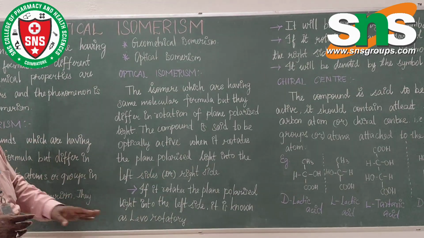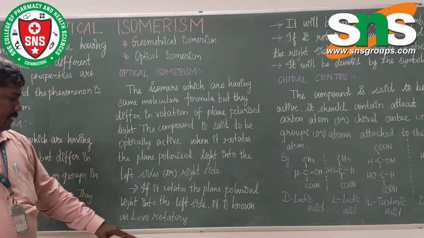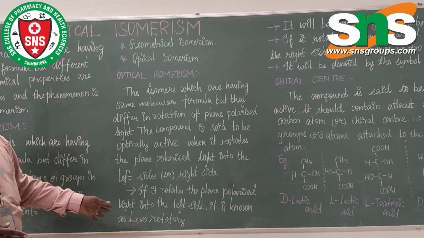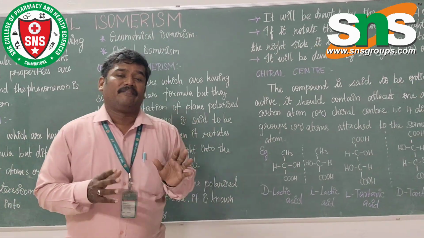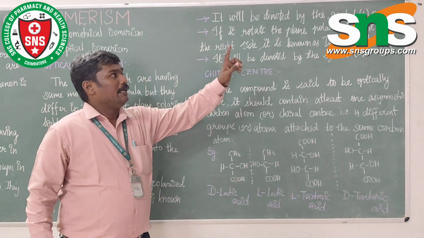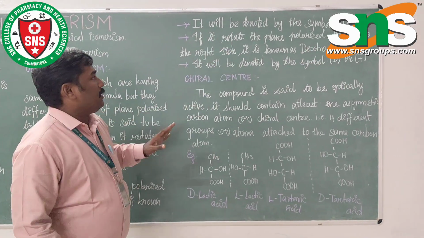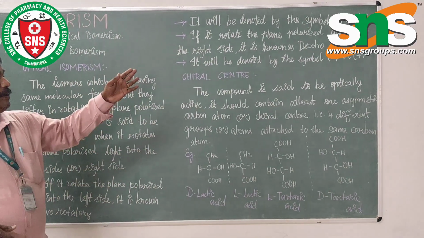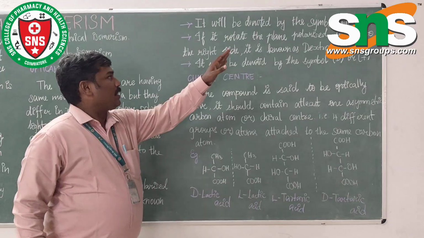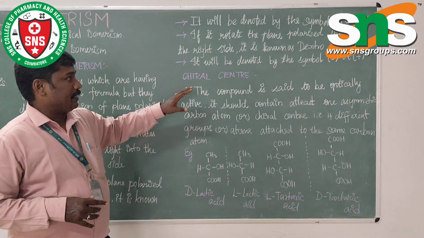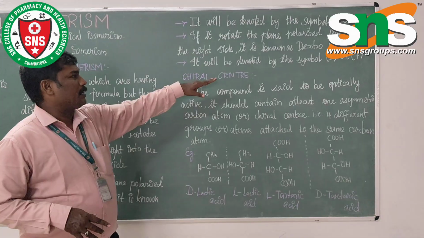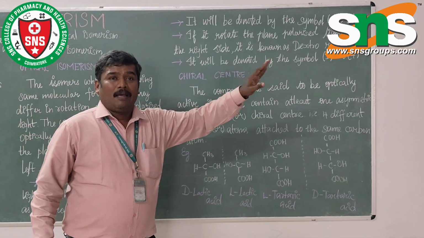If it rotates the plane polarized light to the left hand side, it is known as levorotatory, denoted by the symbol L or minus. If the isomer rotates the plane polarized light to the right hand side, it is known as dextrorotatory, denoted by the symbol D or plus.